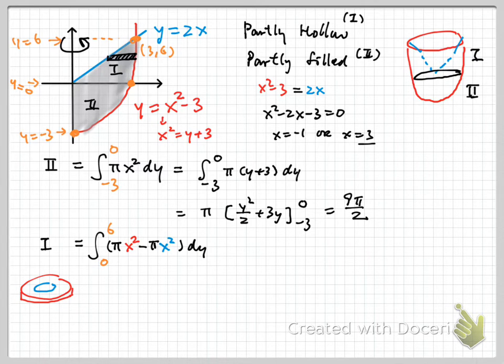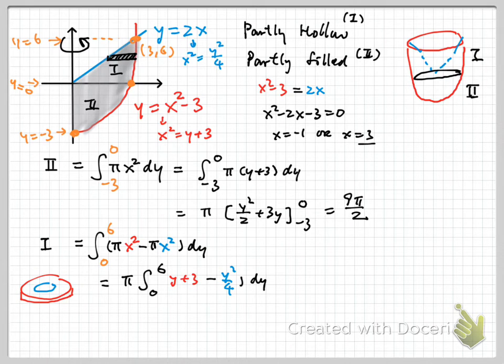This is number 1. So the red x squared, we already have it, y plus 3, so we need the blue x squared. We have x squared will be y squared divided by 4. So this equals pi integral from 0 to 6 of (y plus 3), and we subtract from it the blue x squared, which is y squared over 4.